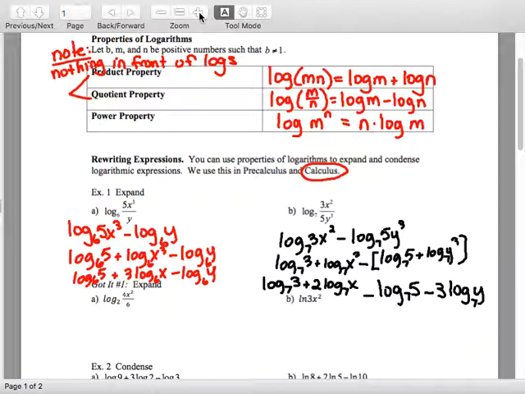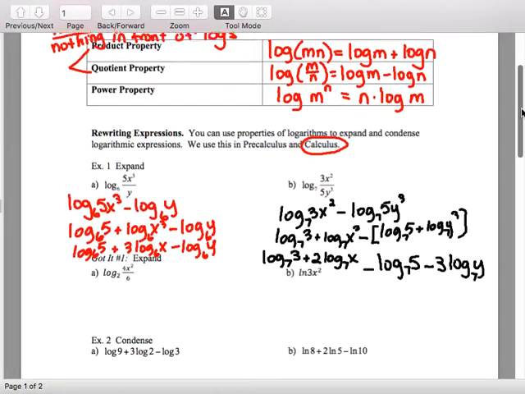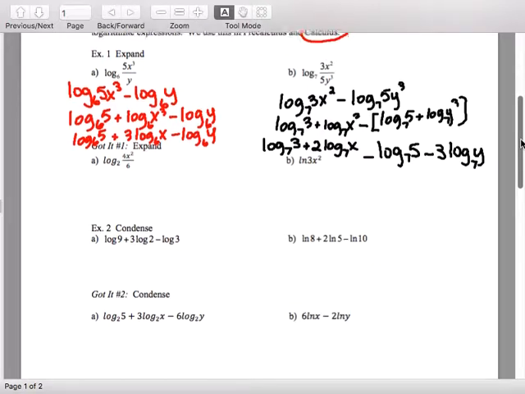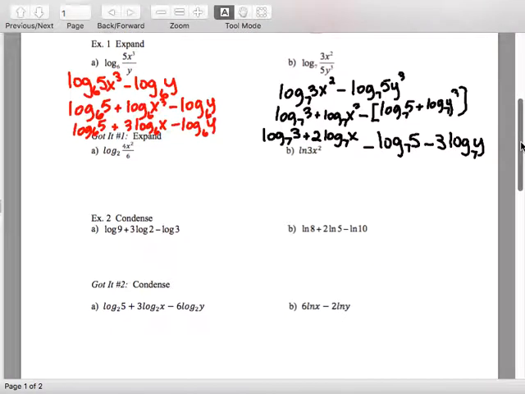Do as much as you can, and if you can't do anything, that's okay. Wait for me. I'll work it out and explain it. And you're going to have to look at those log properties till you get the hang of it.